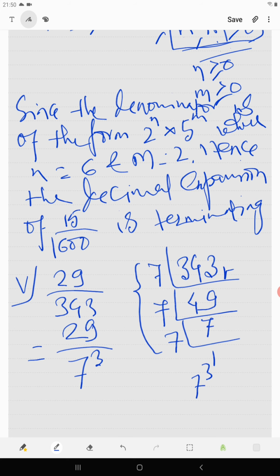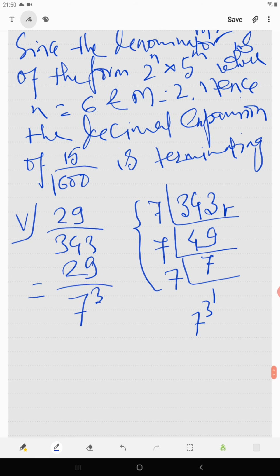Now compare this with 2 to the power n into 5 to the power m. Is it of the form 2 to the power n into 5 to the power m?